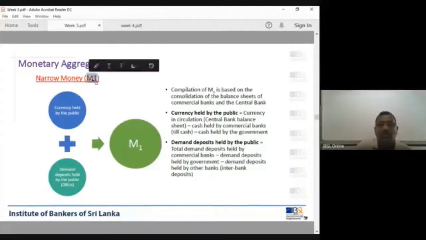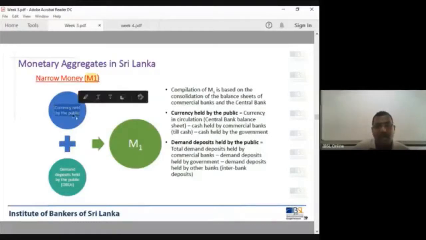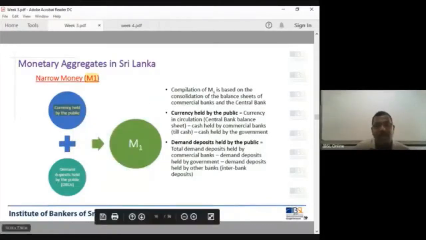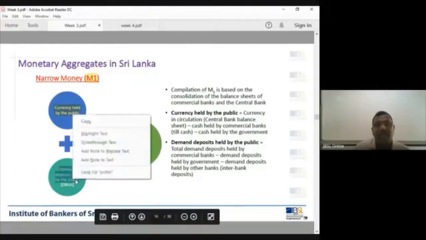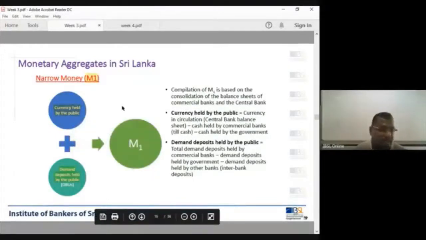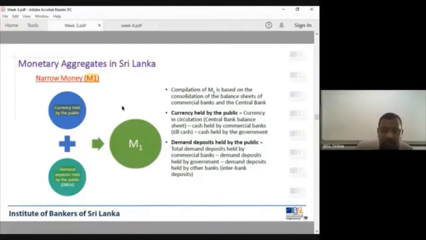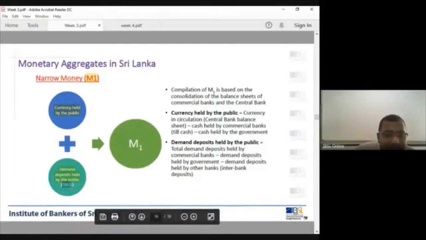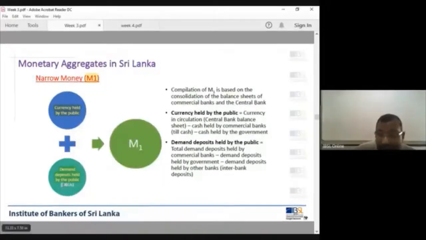In short, we call it M1, but the term M1 indicates narrow money. How do you define narrow money? Narrow money is the sum of currency held by the public and demand deposits held by the public with commercial banks. This DBUs means domestic banking units of commercial banks. I hope some of you are bankers.